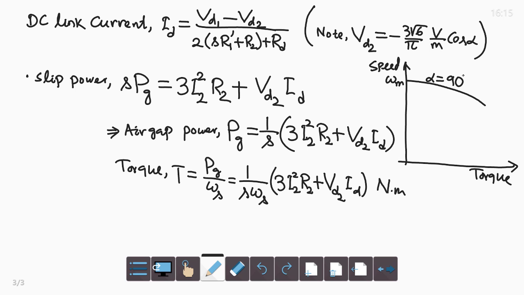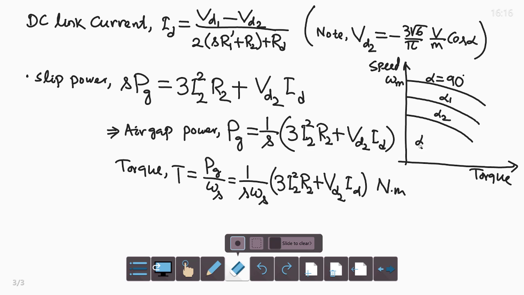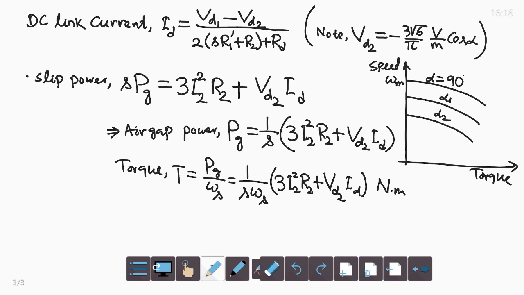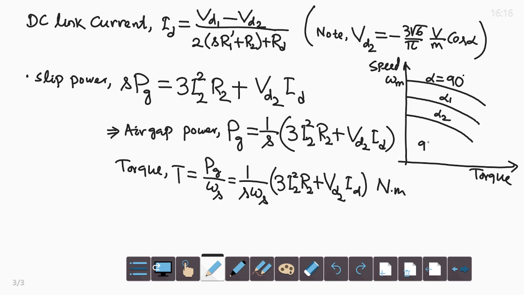As alpha is increased to alpha 1, alpha 2, you have 90° less than alpha 1 less than alpha 2 less than 165°.